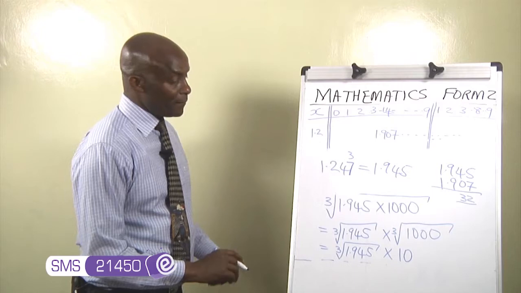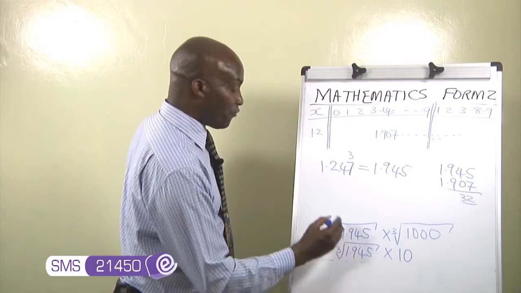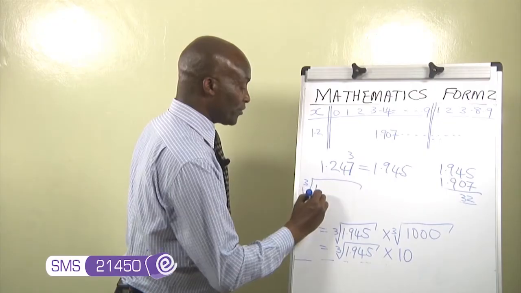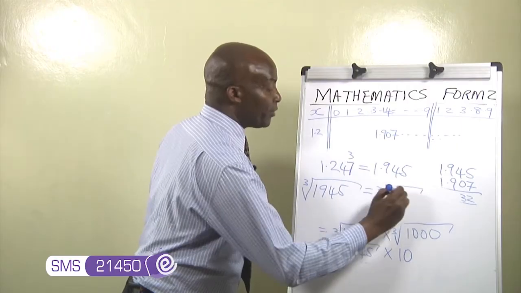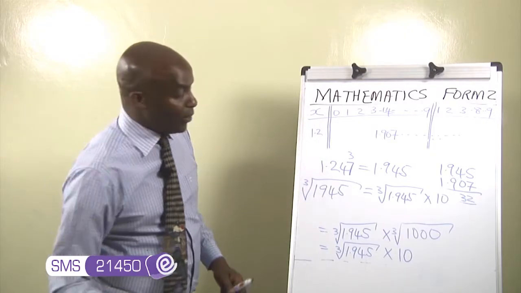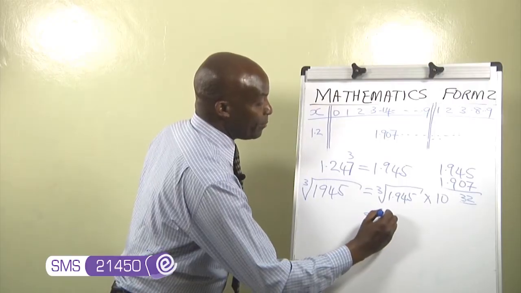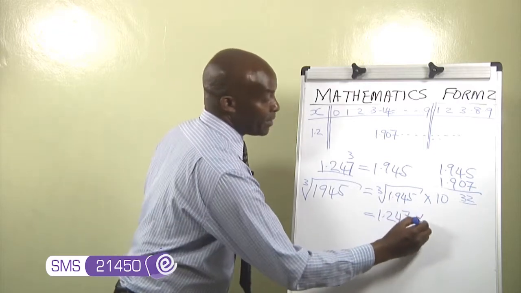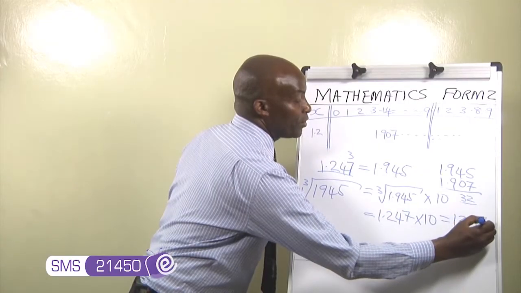And therefore we can say that the cube root of 1945 is equal to the cube root of 1.945 times 10, which, as we have found out, is equal to 1.247 multiplied by 10, which will come to 12.47.